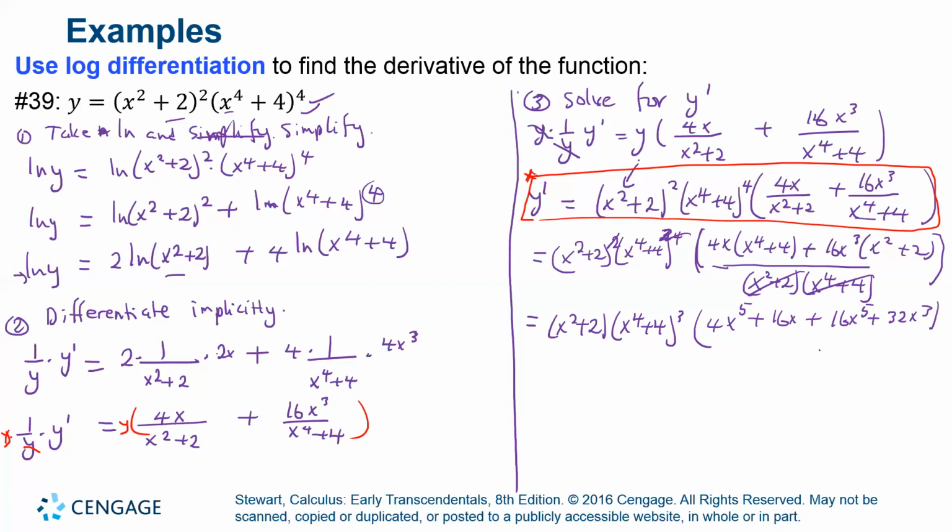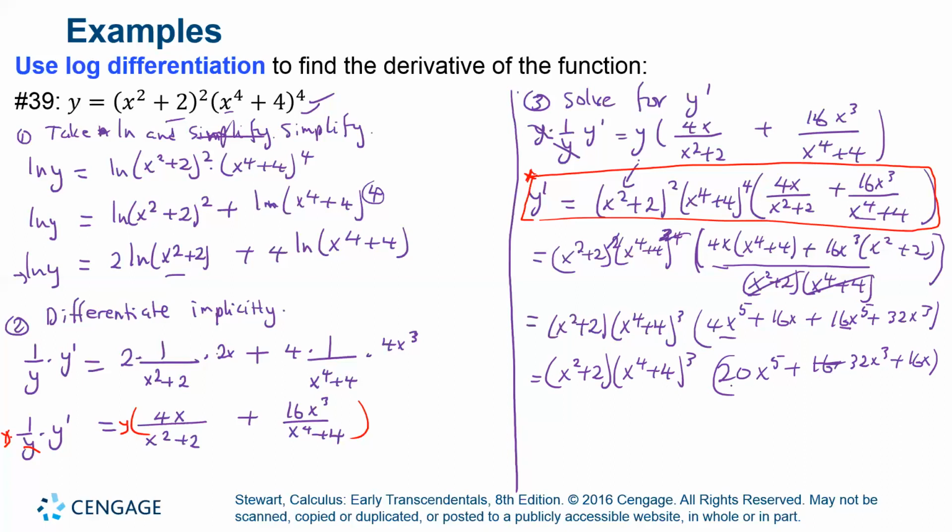All right, then what is in this parenthesis will be, this is 4, this plus that is 20x to the 5th plus, sorry, let's put the 32 first, 32x cubed plus 16x. Okay, so you have this, and then that's equal to x squared plus 2, x to the 4 plus 4 all cubed.